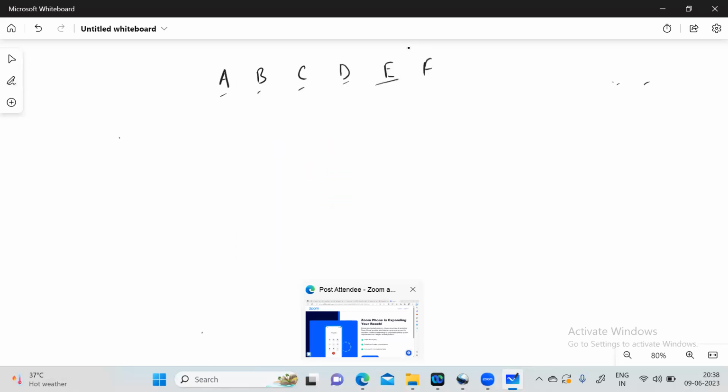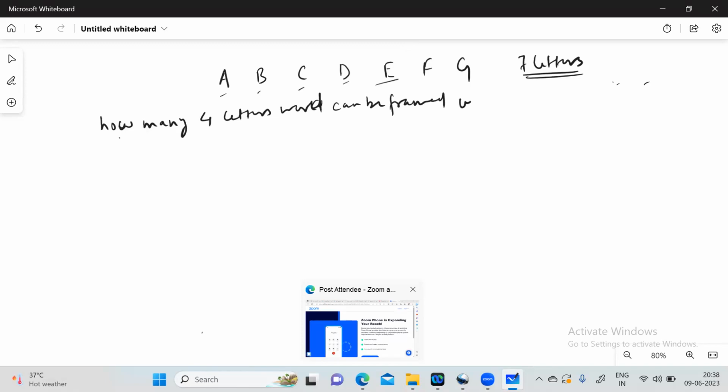So let's say there are 7 letters, and the question is how many 4-letter words can be framed with these 7 letters. Again, the condition is without repetition.